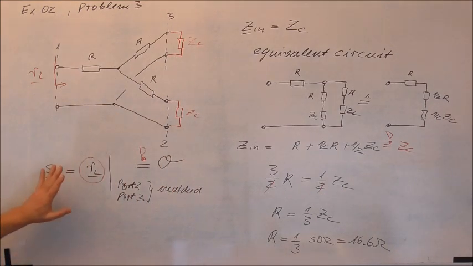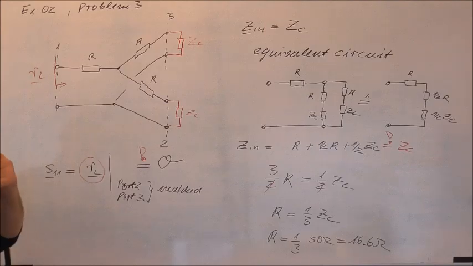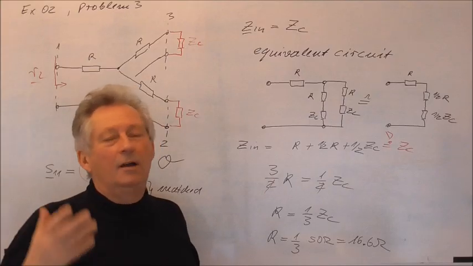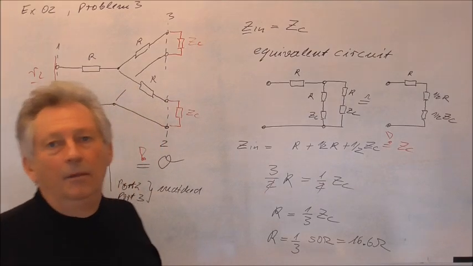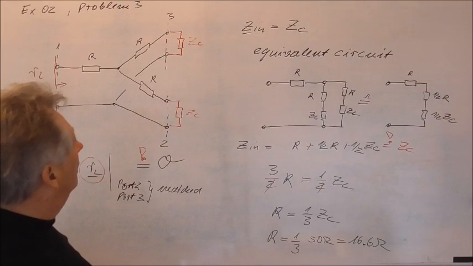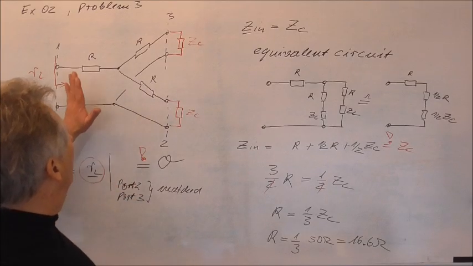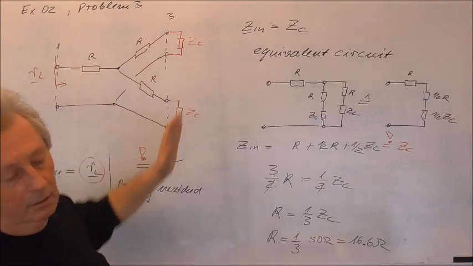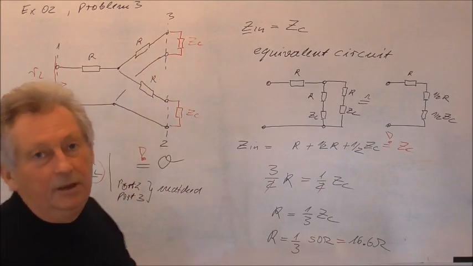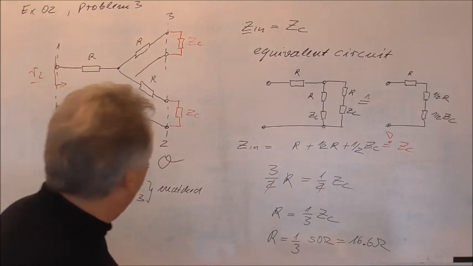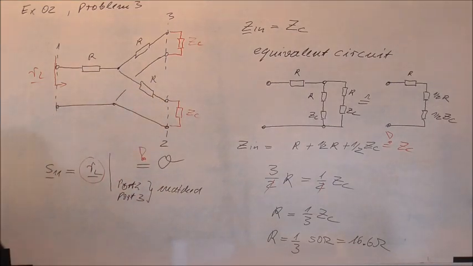Then I come to the point that, of course, last time we had a look at a lossless power divider, and there we could use the absolute value condition to calculate the transmission factor. But now you see we don't have a lossless 3-port, so in this case we must find a different way.